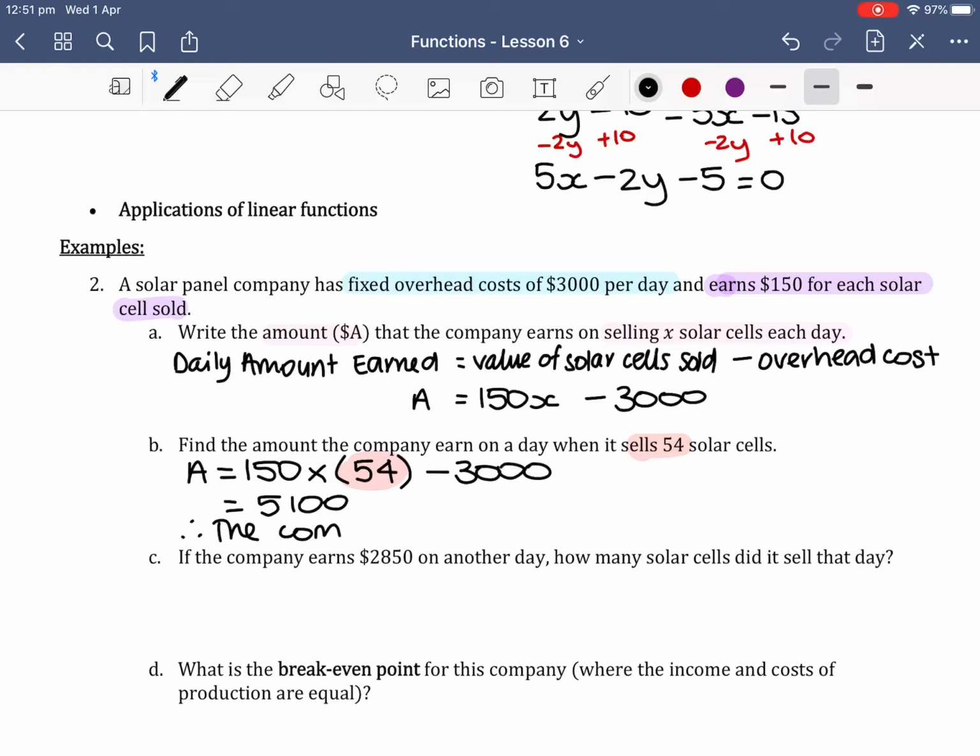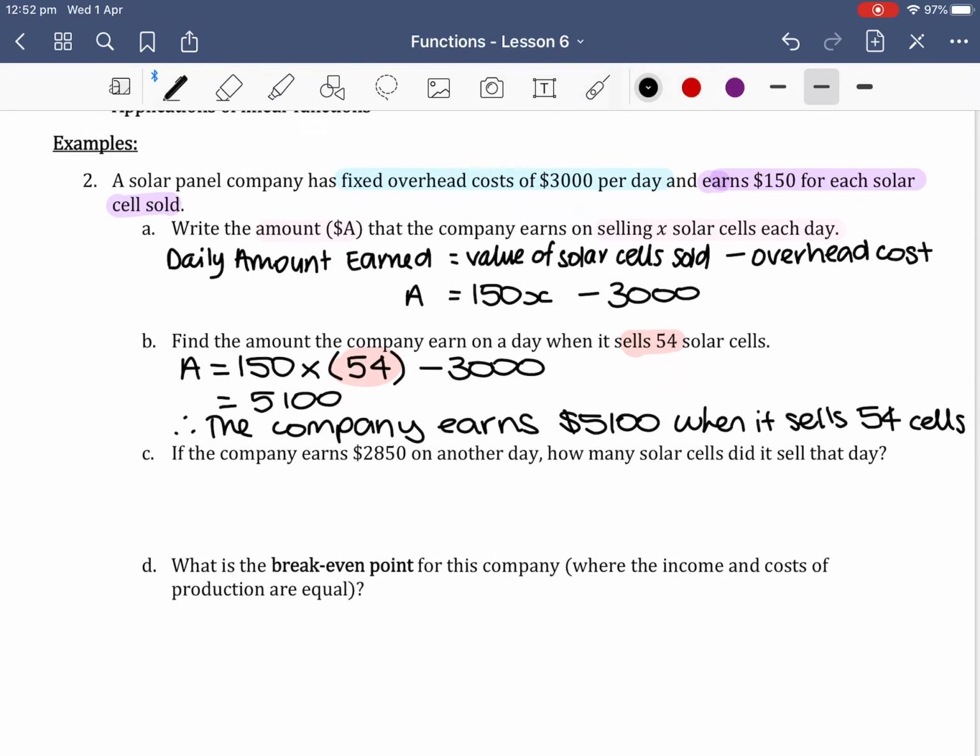So we write, therefore, the company earns $5,100 when it sells 54 cells. Okay? So pretty simple stuff.